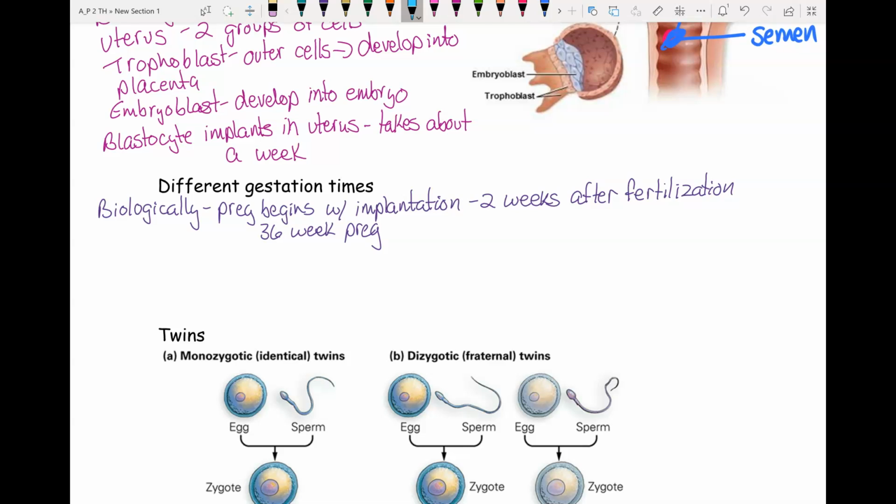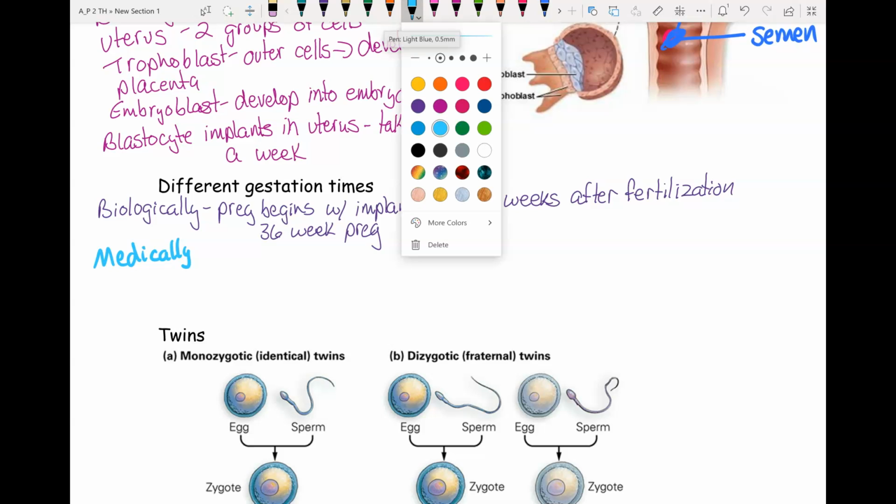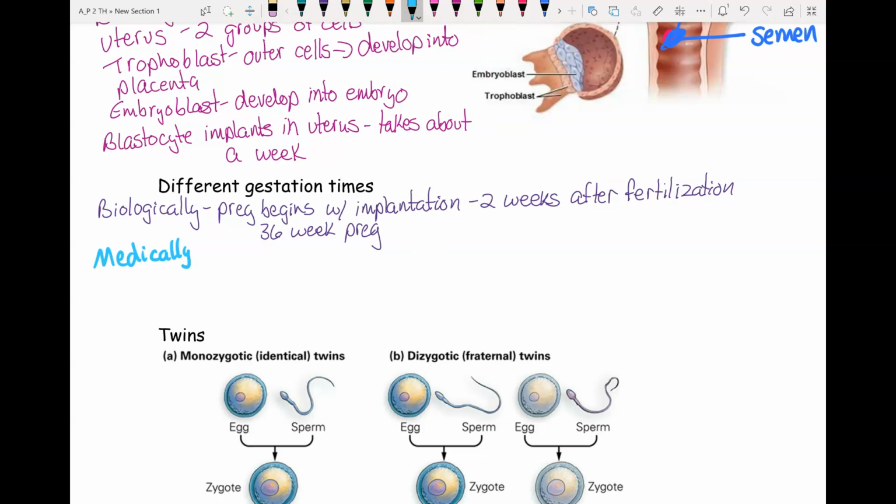Doctors use a completely different system. Doctors like things they can know. Most women cannot tell you the date that fertilization occurred. So doctors start counting with the first day of the last period because most women can tell them that date.